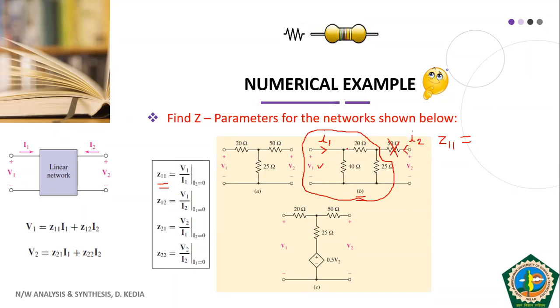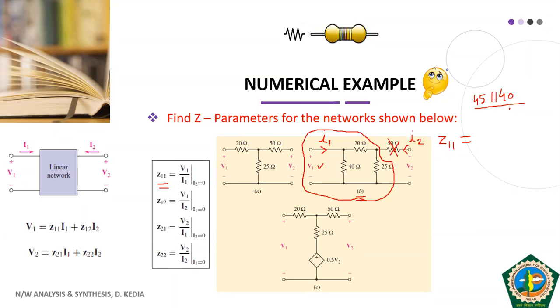Let us see, this 20 ohm and 25 ohm resistances are in series, so the combination is 45 ohm, and it is in parallel with 40 ohm. So 45 ohm parallel with 40 ohm. Whatever answer we get here will be Z11.